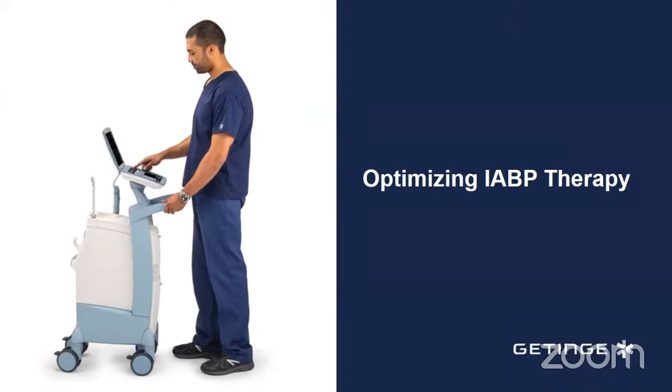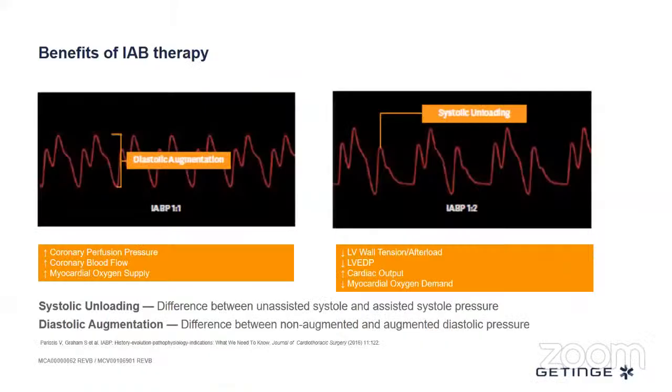So let's look at, if you have a balloon pump at your disposal, how can you optimize it? This is just a synopsis of the benefits. On inflation, you create diastolic augmentation, which can increase coronary perfusion, coronary blood flow, and myocardial oxygen supply. That is usually seen as the white number on the side of the pump.